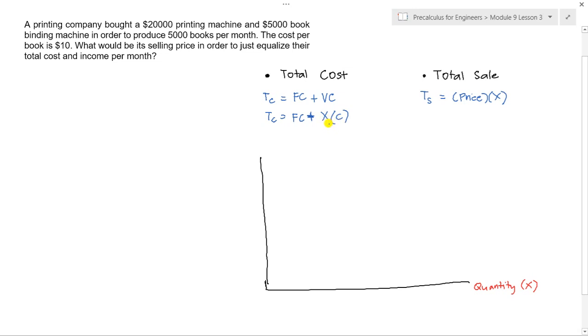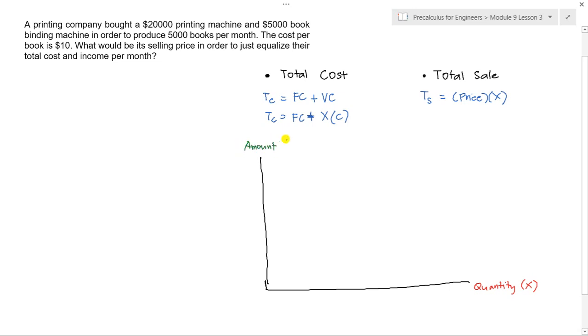Let's say you produce 5 and the cost of making those 5 chicharon is 10 each, so your variable cost is 50. And then if we're going to graph this total cost and total sale, let's say our y-axis is for the amount.